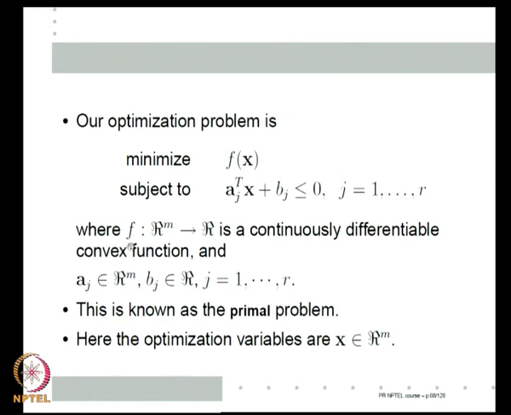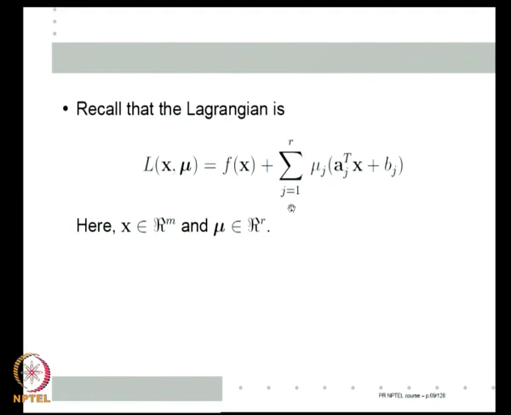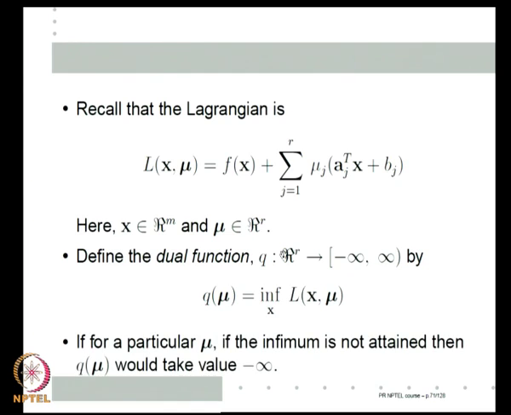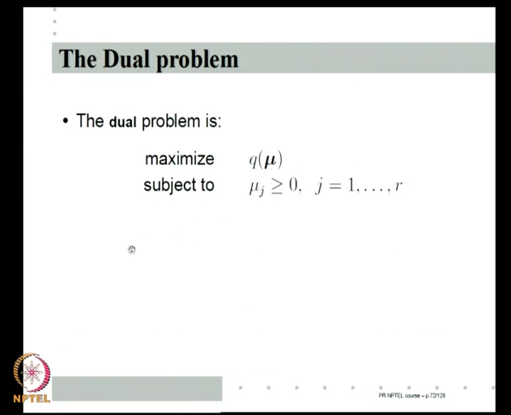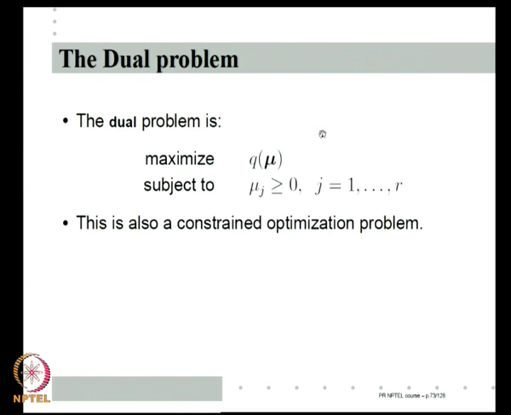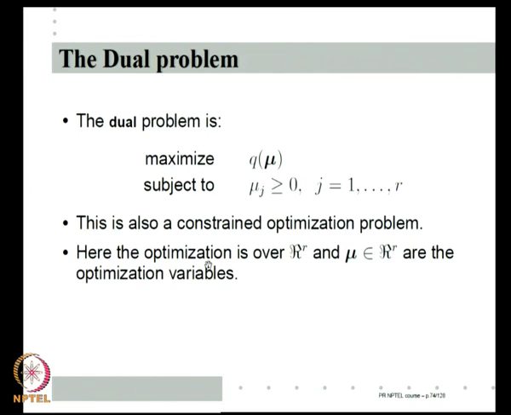Given this optimization problem, using these f, a_j's and b_j's, I formulate the L, then I formulate the q, then I formulate a new constrained optimization problem over R^r with mu as the optimization variables, and this problem is called the dual to the primal problem.